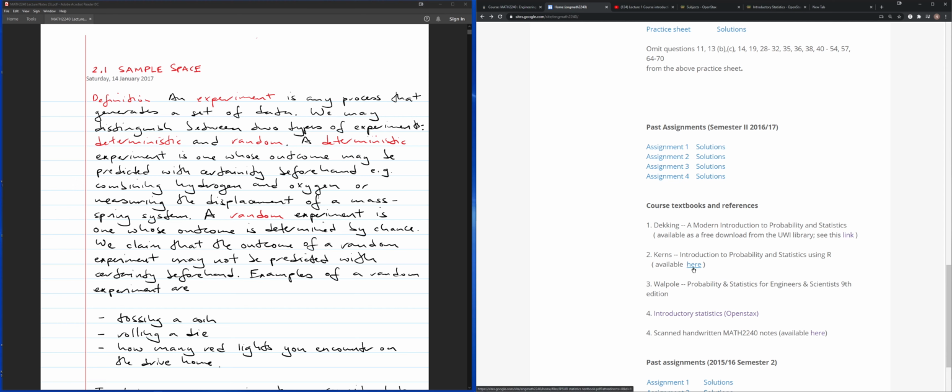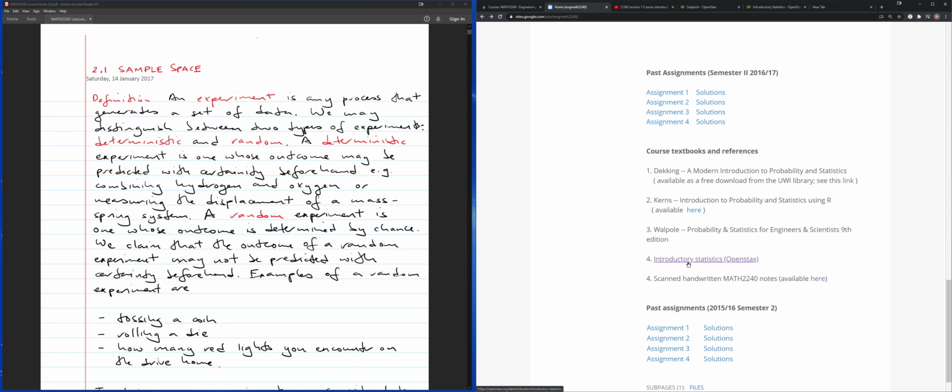Then this reference here, Walpole: the course notes are actually based on Walpole 9th edition, so these section headings correspond to the section headings in Walpole. Walpole is not freely available, so you can probably borrow a copy from the library or obtain a copy otherwise.